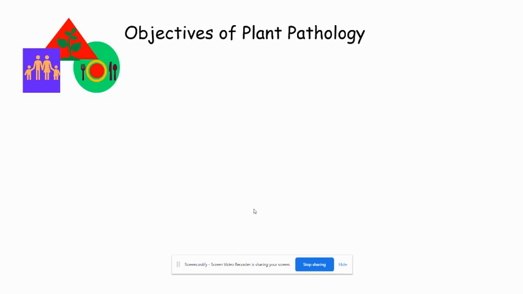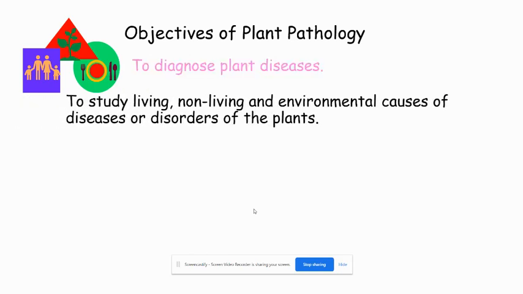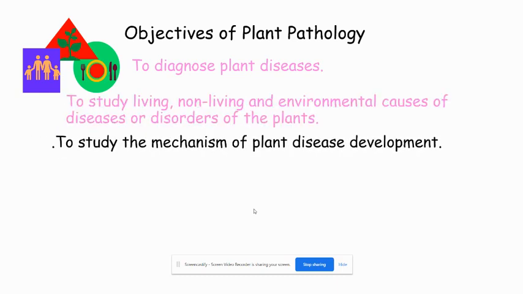Thus, after knowing all these things, now what are the objectives of plant pathology? Plant pathology deals with the diagnosis of the plant disease. It is the study of living, non-living, and environmental causes of diseases or disorder of the plants.